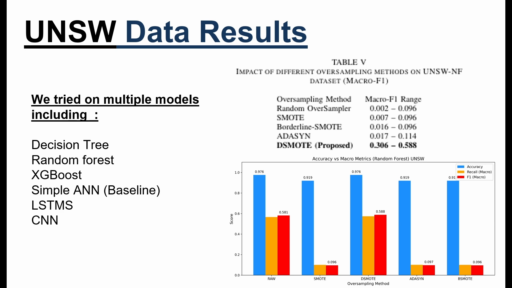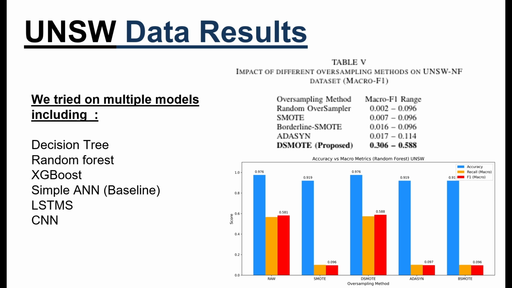And now the results on the New South Wales dataset. We evaluated DSmote across 6 different machine learning models: decision tree, random forest, XGBoost, ensemble ANN, LSTM, and 1D CNN. This ensures that our results are not model specific, and the DSmote benefits apply broadly across classical and deep learning approaches.